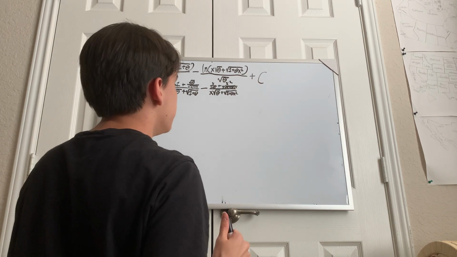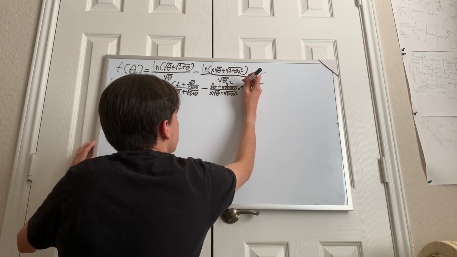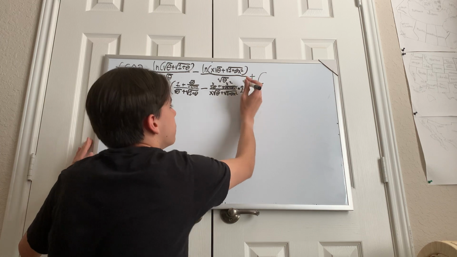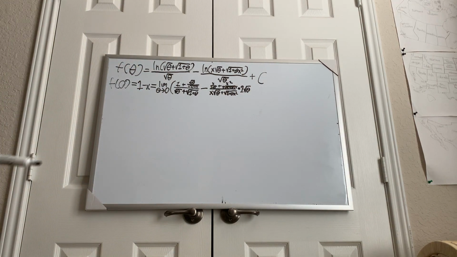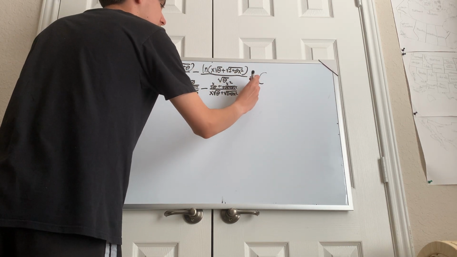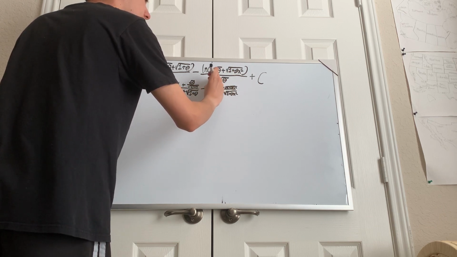And now we have that, but we once again multiply by 2 square root theta to account for this, and using L'Hopital's rule. And now we can simplify this.